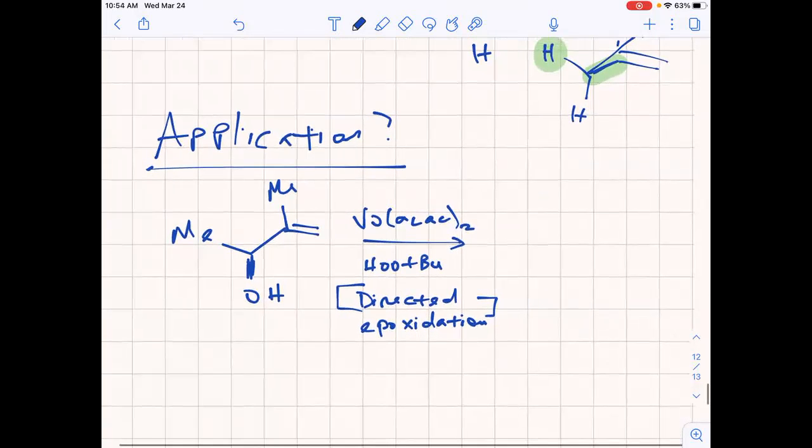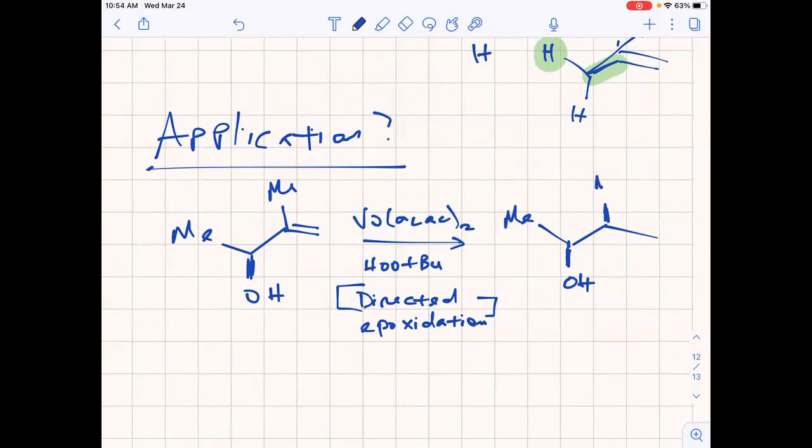So let me show you the products, and then I'll show you the transition states and why one product is favored over the other, and then we'll stop right there. So this is one product. All right, so that's one of my epoxidation products.